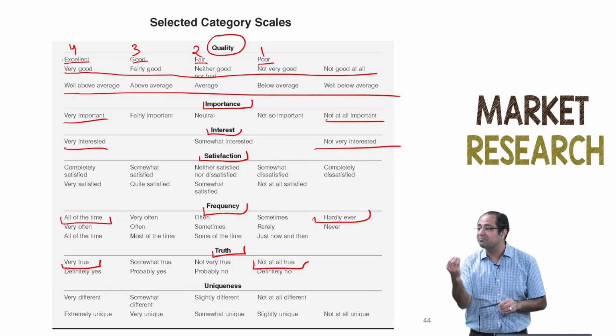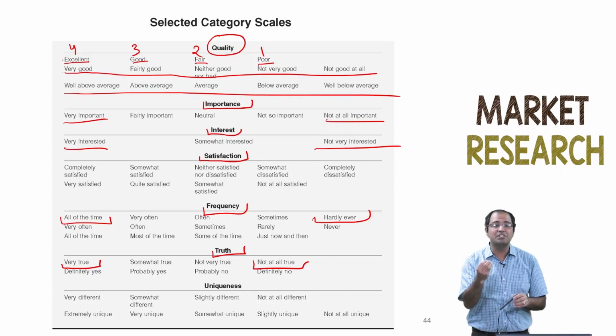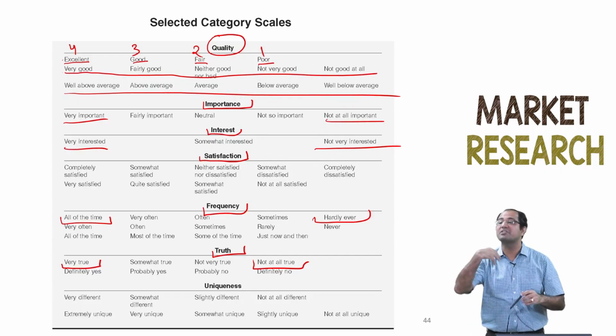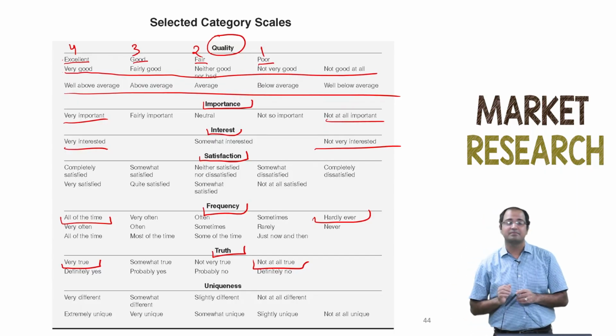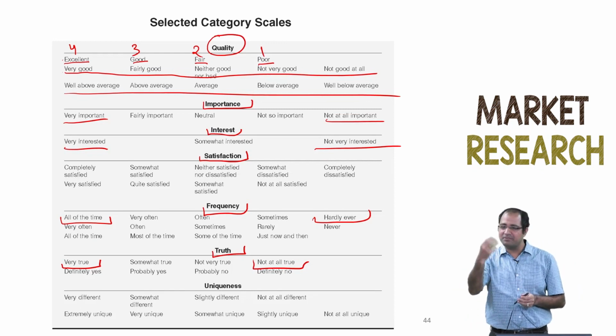Sometimes you use checks based upon social desirability, which means people, when they fill up the survey, sometimes they try to appear socially desirable. You might have seen, socially desirable is a very interesting behavior.